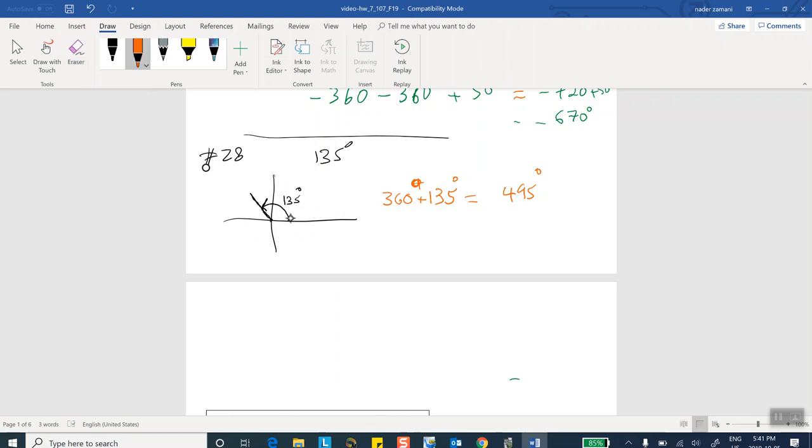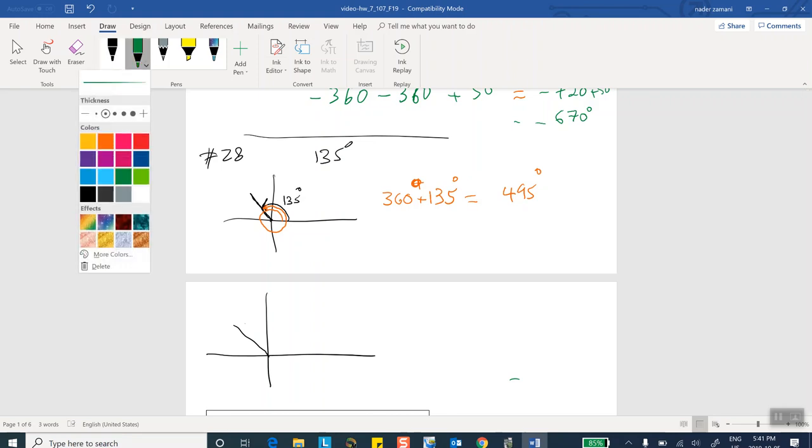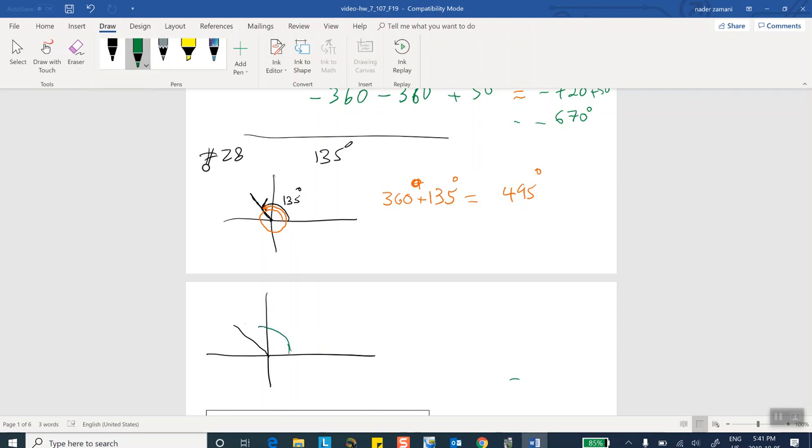Now, as for the next one, maybe I should redraw this. Remember, you started here, you went there, one cycle, and then all the way to that angle. Let me draw the next one down here. So 135 was like this. I'll use green here just like before. I start there, I go once, I go twice, and then I stop at the terminal side.